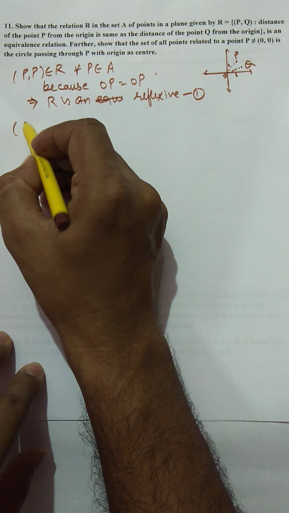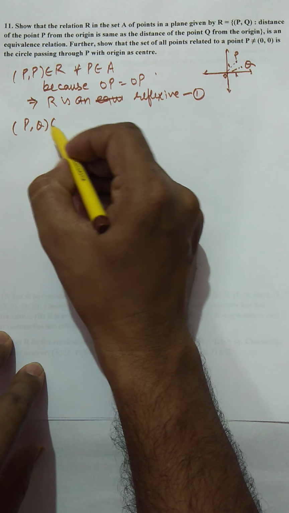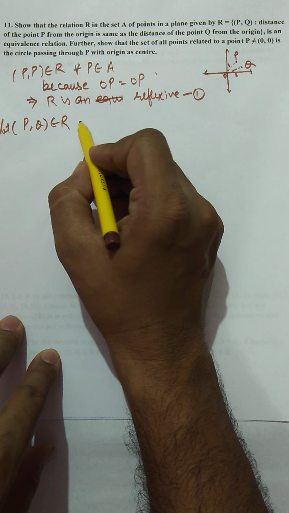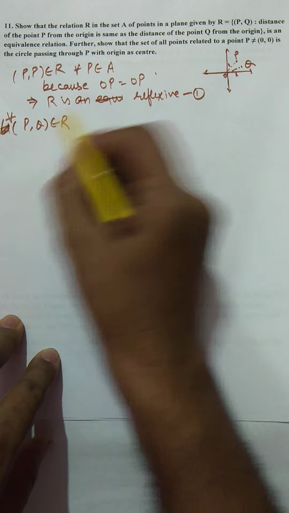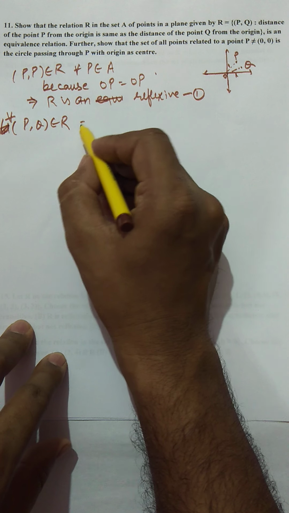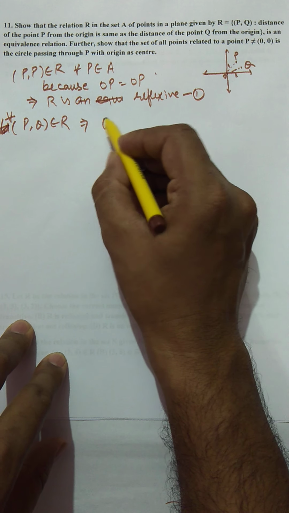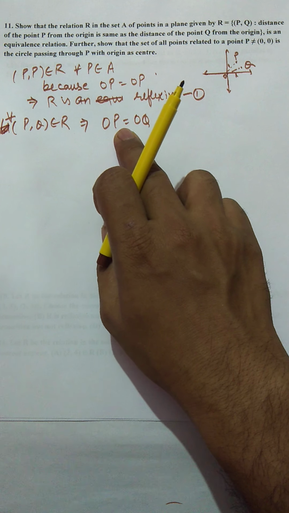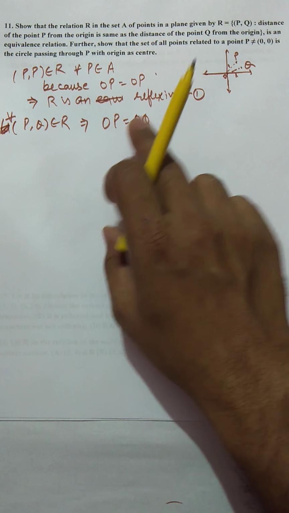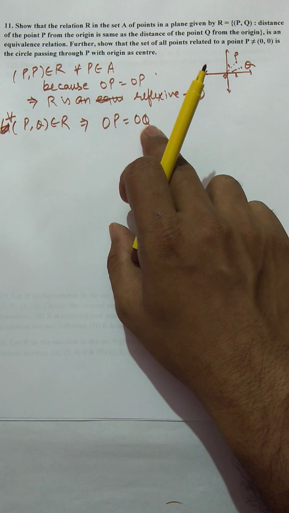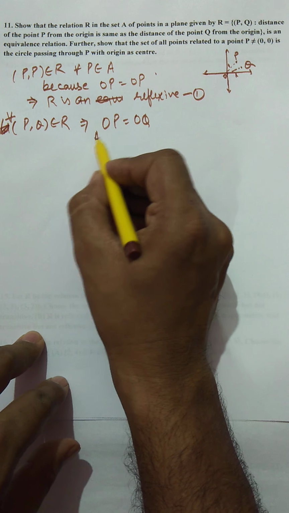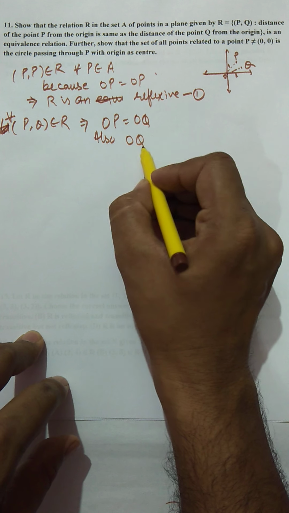Now next one, we take P comma Q belongs to R, for all PQ belonging to R. What it implies is that OP and OQ, the distance of point P from origin and the distance of point Q from origin, are the same because this is belonging to R. So also I can say the distance of OQ is equal to the distance of OP.